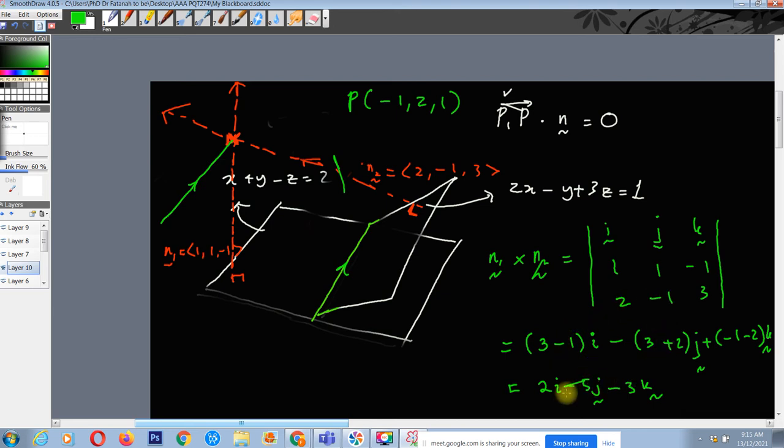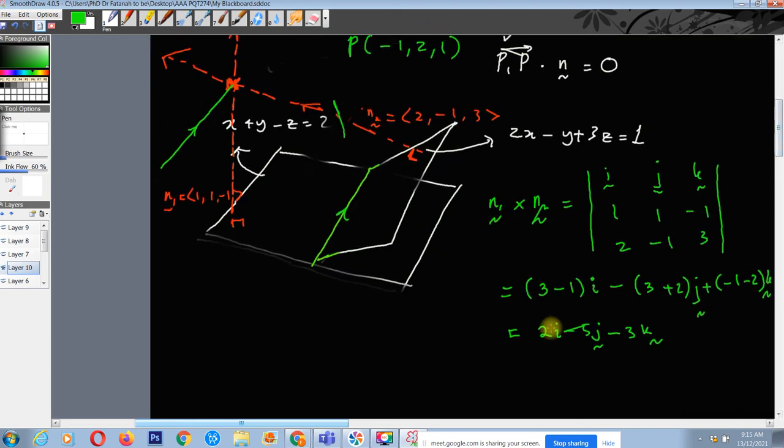So we have this line and this point in the same plane, so we need to find a normal first.